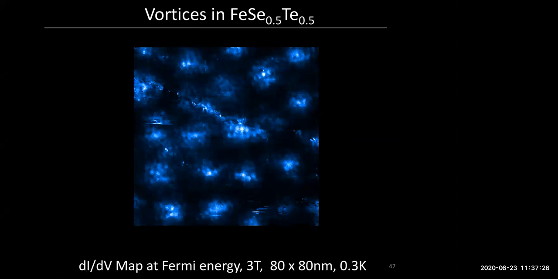Normally, in the absence of a magnetic field, this whole field of view should have been dark, because you shouldn't see any density of states whatsoever at the Fermi energy. But now, in the presence of a field, the field penetrates at these points, and you have vortices.